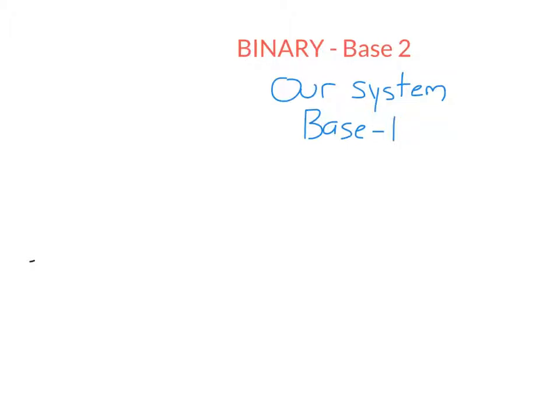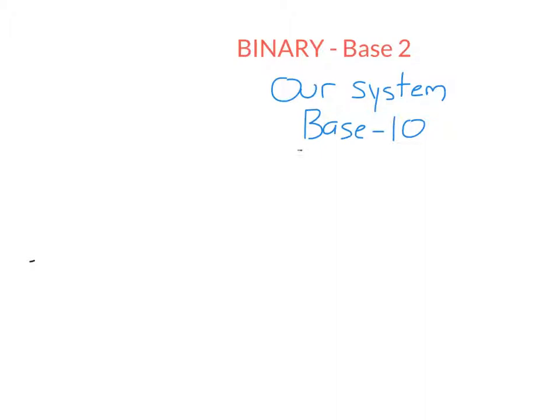We need to represent heaps of different numbers so people know what you're talking about. You might want to say how much money you have, how many people in your class, whatever. Imagine if we had a different symbol for every number from 0 to 1,000,000. My God, that'd be too hard to remember, 1,000,000 different symbols. So we've simplified our system.